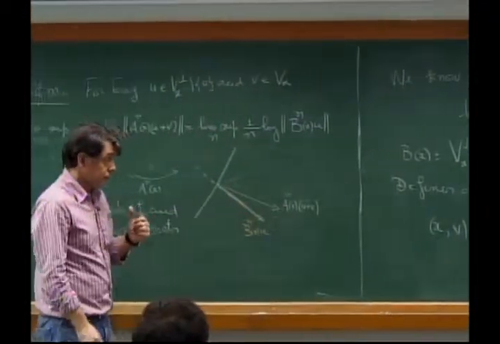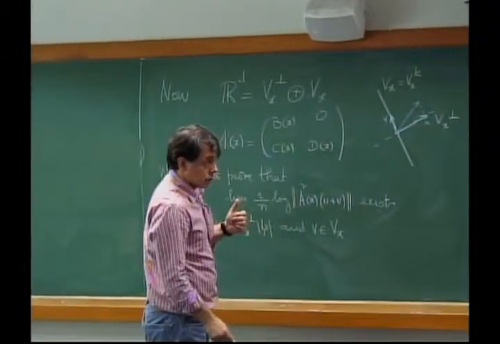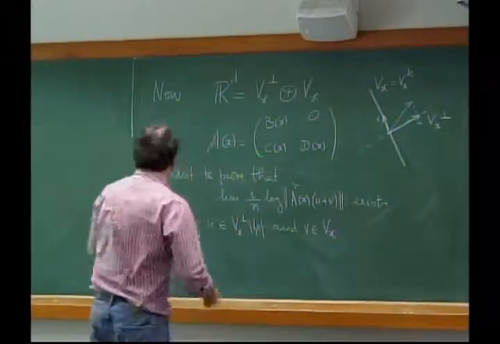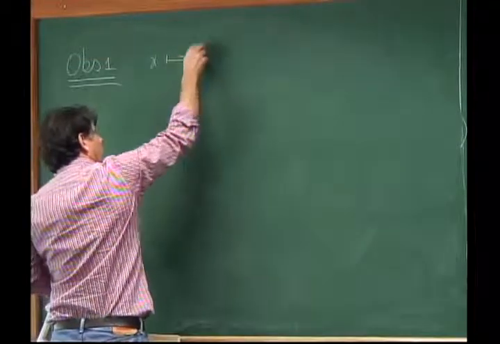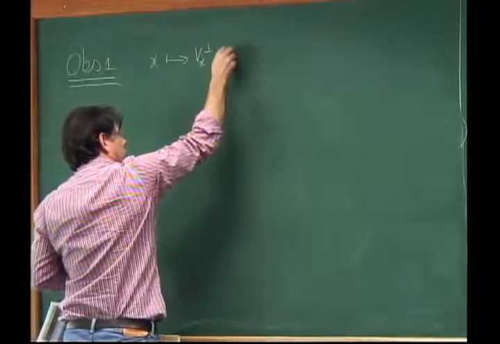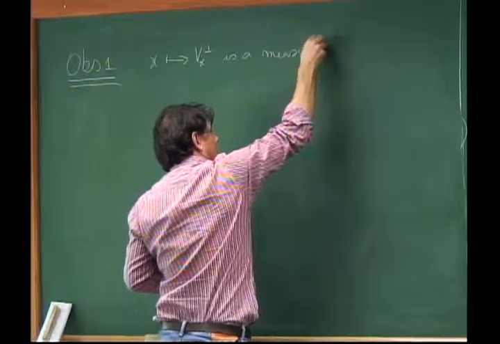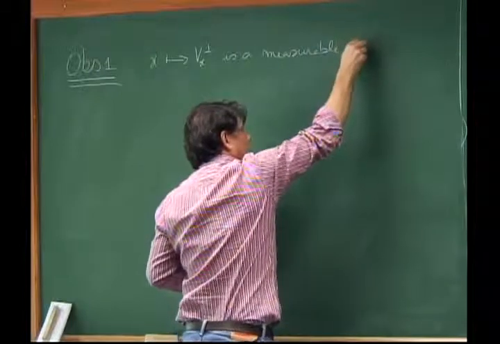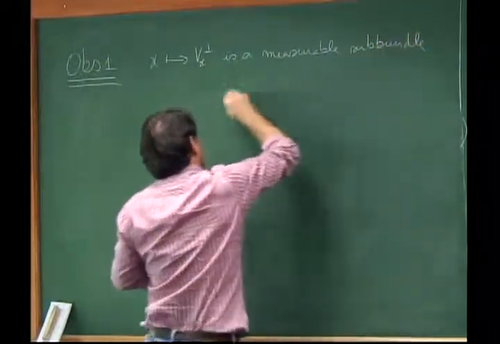However, it doesn't matter, because Vx orthogonal is a measurable subbundle with constant dimension.